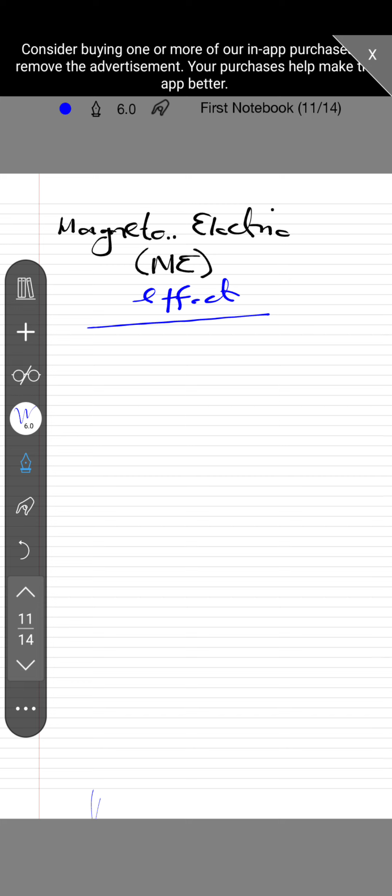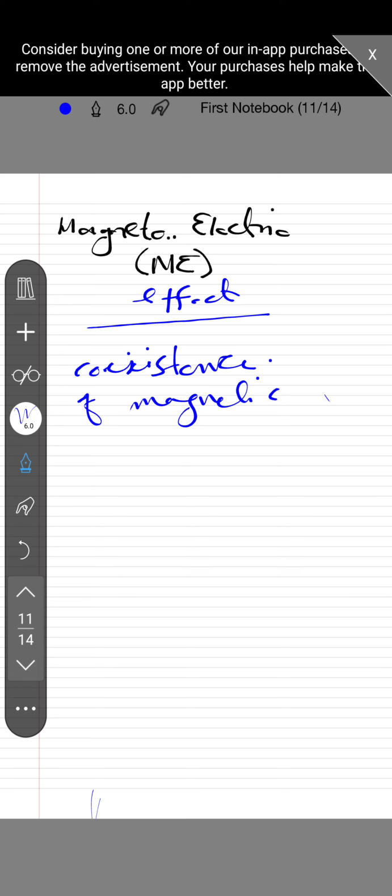Now the primary requirement of this magnetoelectric effect, or ME effect, is the coexistence of magnetic and electric dipoles. They should coexist. Only then will this magnetoelectric effect come into existence.